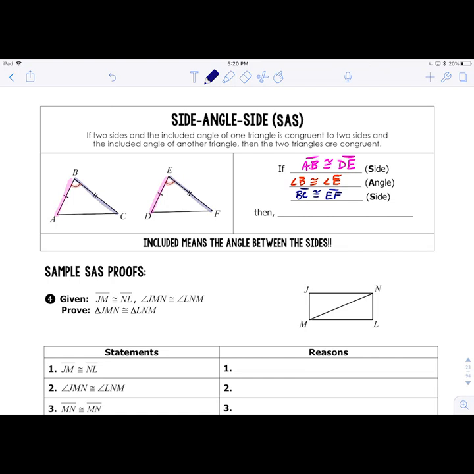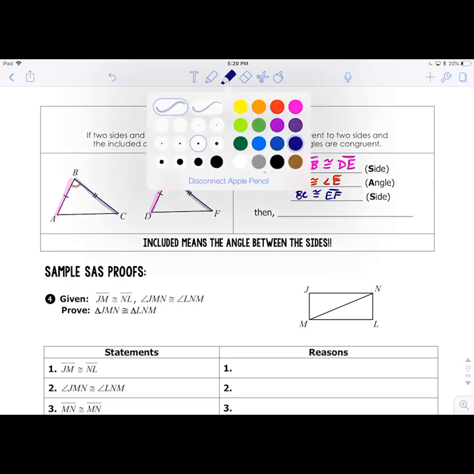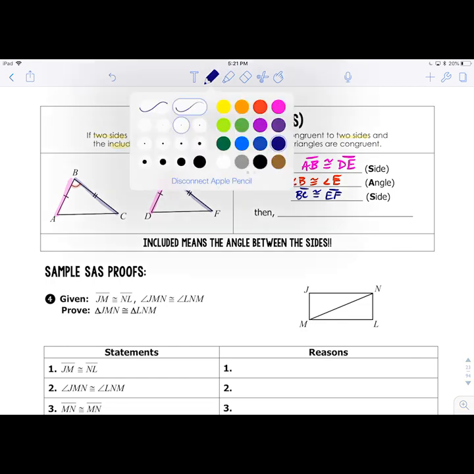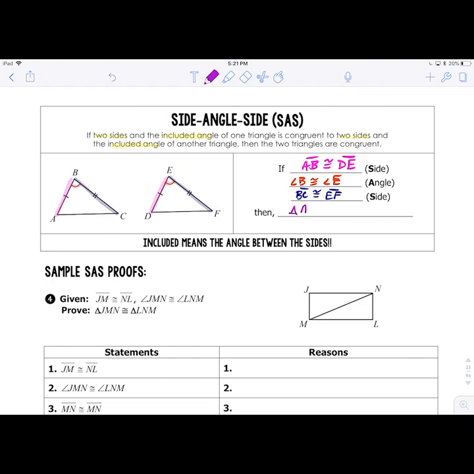And if we can establish that two sides and the included angle of one triangle are congruent to two sides and the included angle of another triangle, then those triangles must be congruent to one another. So we would say that triangle ABC is congruent to triangle DEF.